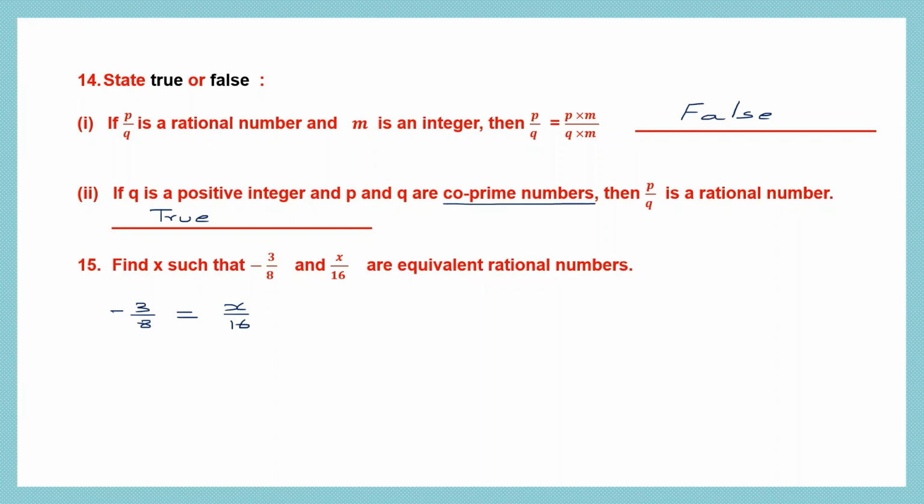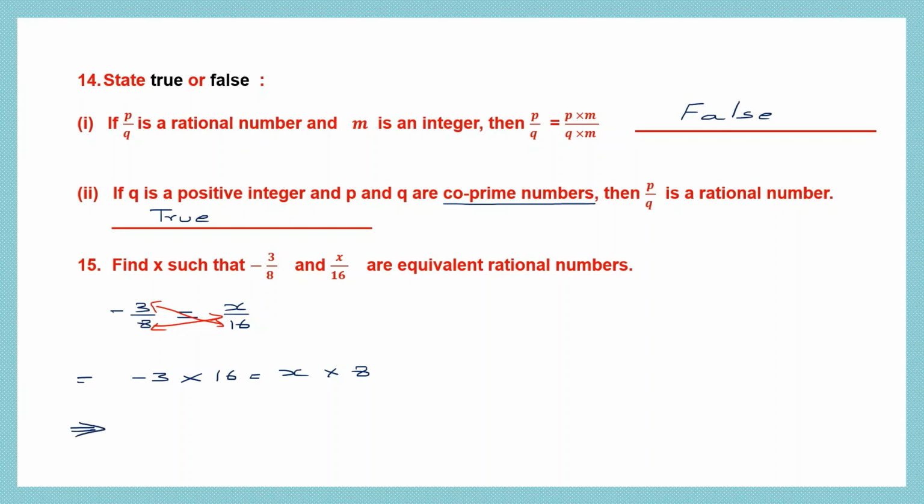Now we have to find the value of x. So we can use the shorter method where we can cross multiply. 3 and 16 first, minus 3 into 16. Let's write it like that itself, minus 3 into 16. And we can cross multiply the other two also, that is x and 8. So that is x into 8. So now we can find the value of x.